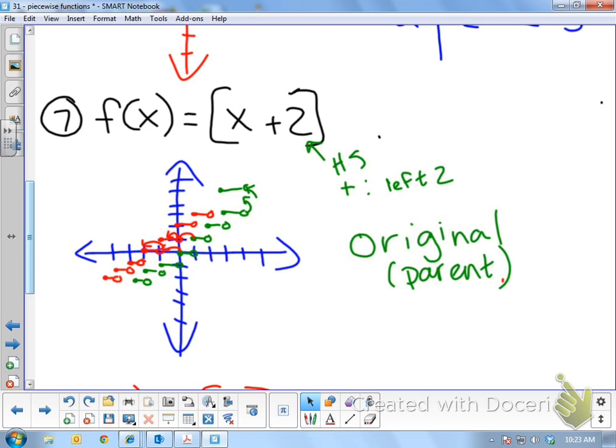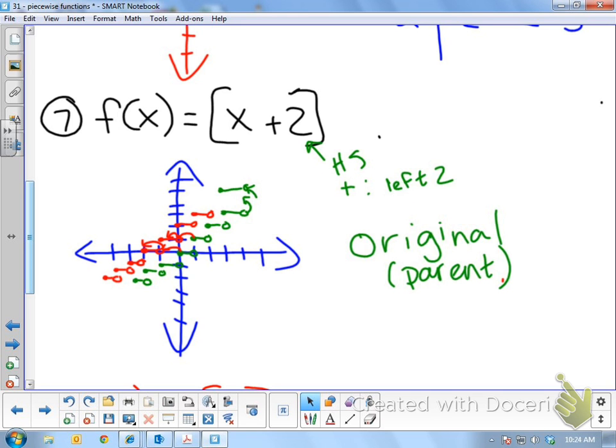So like on problem 9, what direction should you move everything? -1, is that inside or outside the parentheses? Outside, so it's a vertical shift, down 1. We would just take the picture they've given us and drop it down 1. We just move every point down 1.